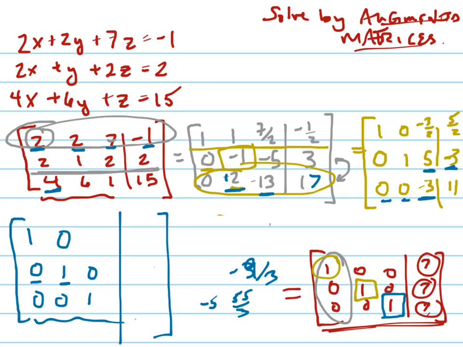This is still the same. This one right here should have become, multiply this by positive 2 instead. That's it right there.